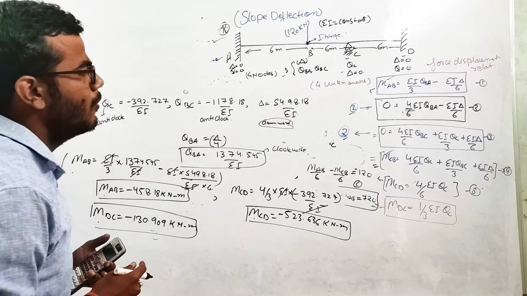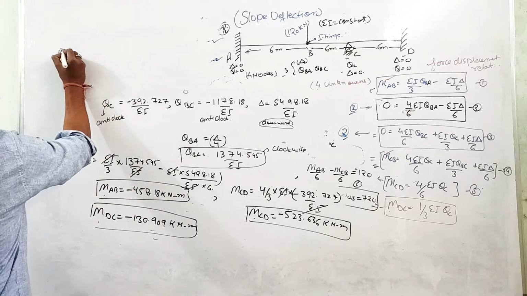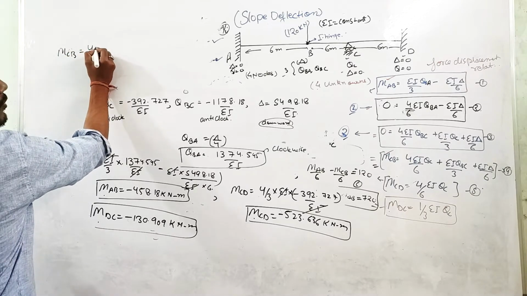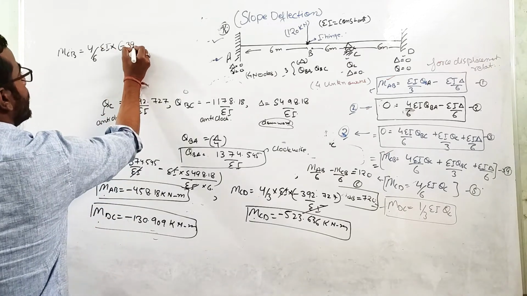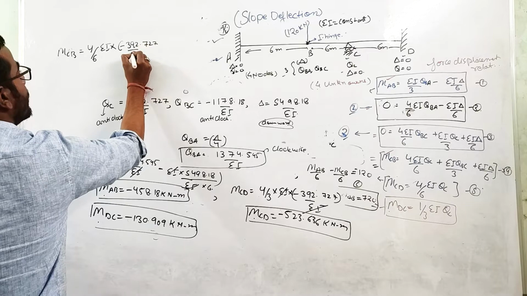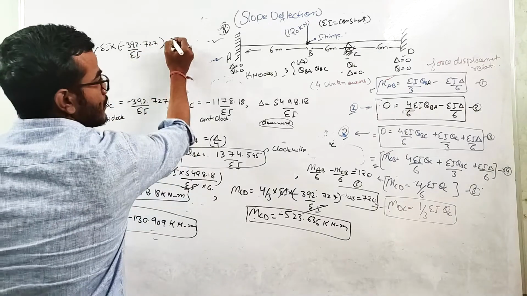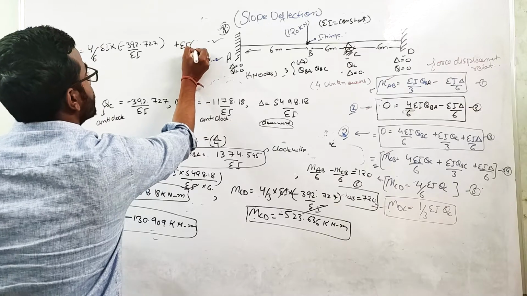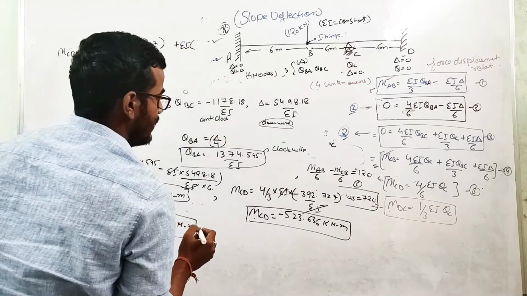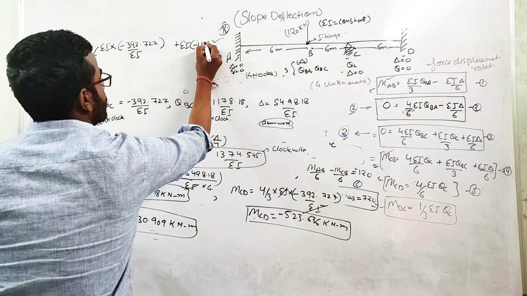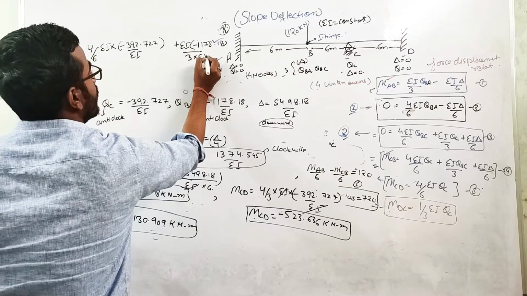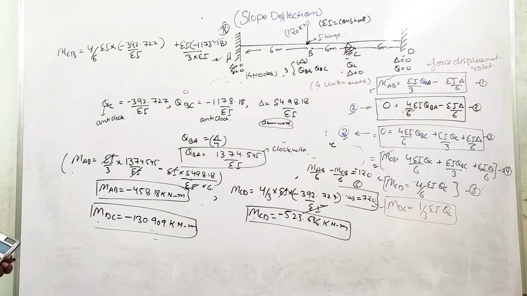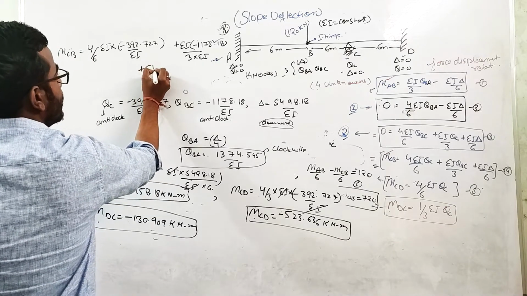So now let us put this value in the equation. MCB equals 4 by 6 EI. What is the value of theta C? Theta C is minus 392.727 over EI, plus EI, what is the value of theta BC? Theta BC is minus 1178.18 divided over 3 EI, and what is the value of delta, plus EI over 6?